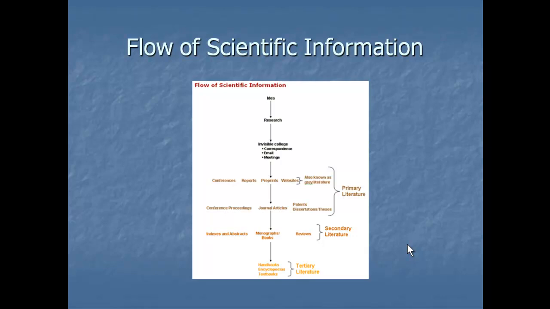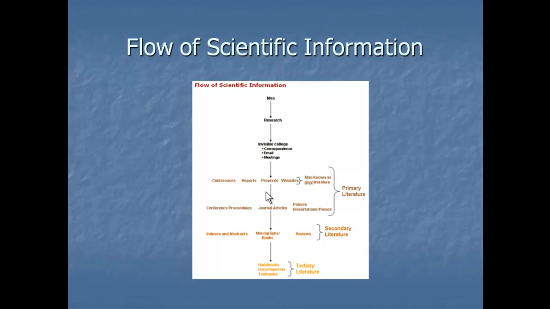So you would use what was known as the tertiary literature, handbooks, encyclopedias, and textbooks to get the background information on a topic. If you need more specialized information, you would use what's known as the secondary literature, books, reviews, and so on. But if you needed that state-of-the-art information, you need articles, journals, and conference proceedings.